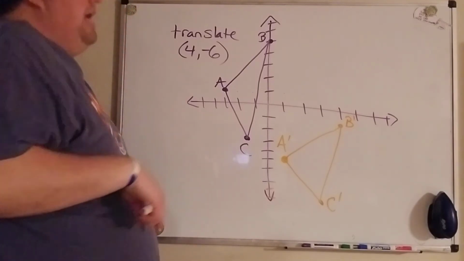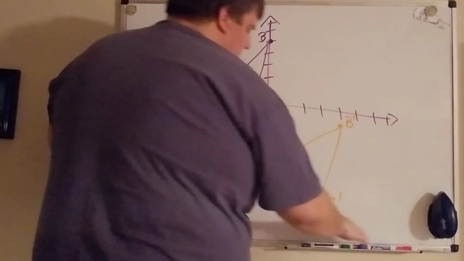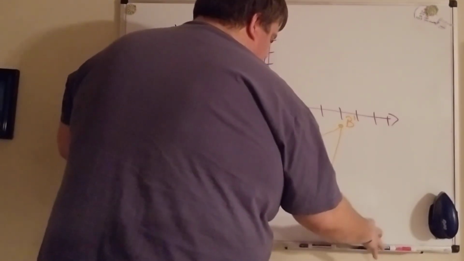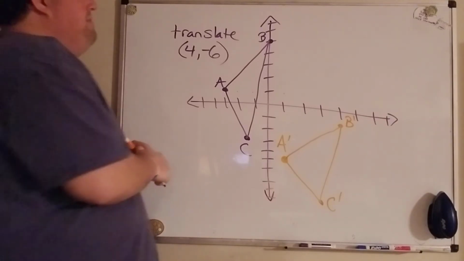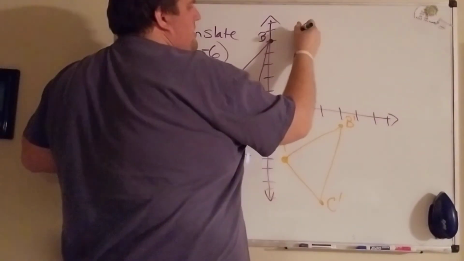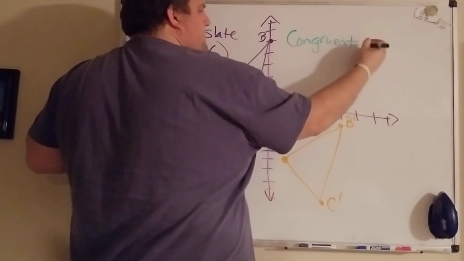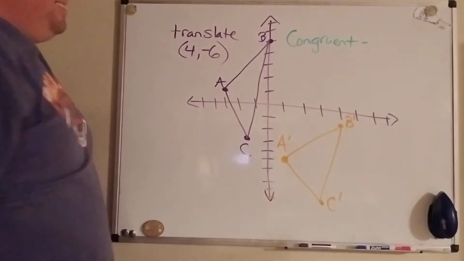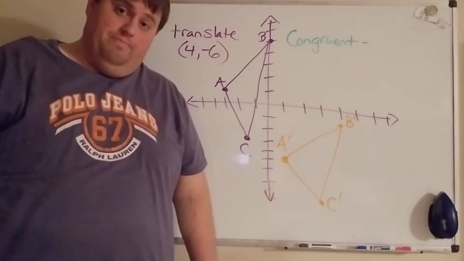Now, something else that's interesting here that you need to know about is that these two shapes, even though mine don't look very good, are supposed to be congruent. And if you guys don't know what congruent means, it's the geometry way to say equal.